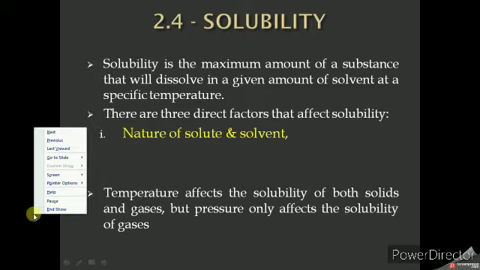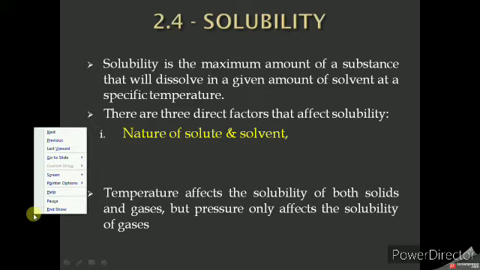Substances having similar type of intermolecular forces are likely to be soluble in one another. So one rule is there, like dissolves like. Generally polar solute dissolves in polar solvent. This is because solute-solute, solvent-solute and solvent-solvent interactions are of similar type.